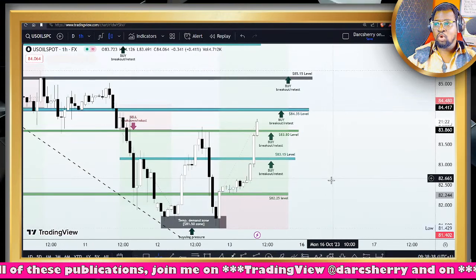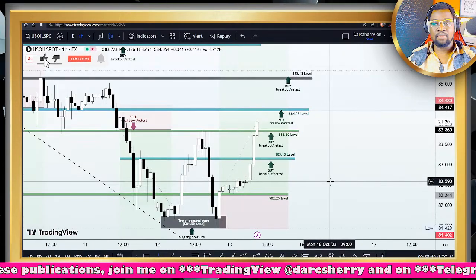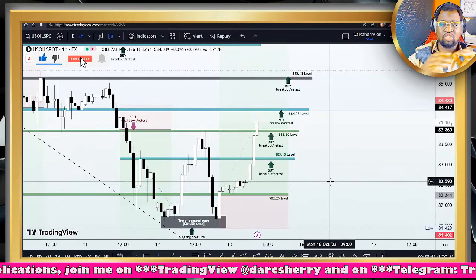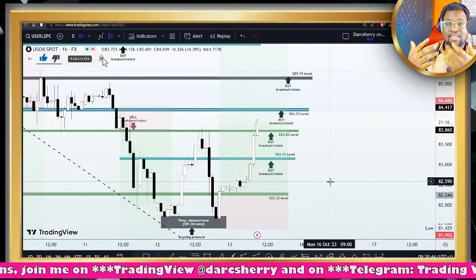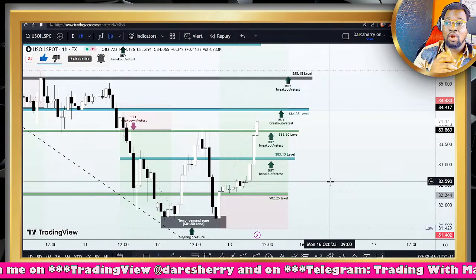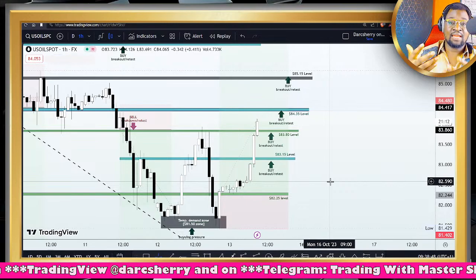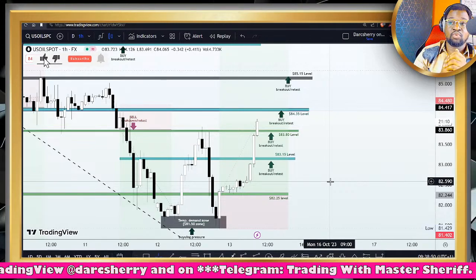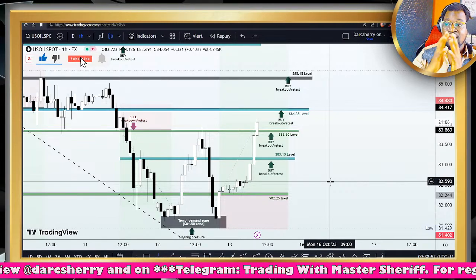So right now we do want to be moving our stop losses, and I'm not going to be considering this as a significant profit, especially for those of us who capitalized on the breakout of the $83.15 level.